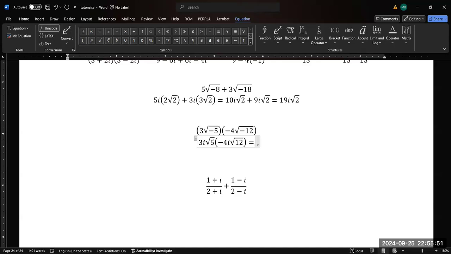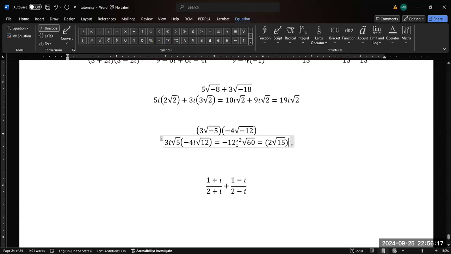So 3i times negative 4i is going to be negative 12i squared. And then the square root of 5 times the square root of 12 is going to be the square root of 60. Now, the square root of 60 simplifies. It has a factor of 4. So I can bring that out as 2 square root with 15 left behind.